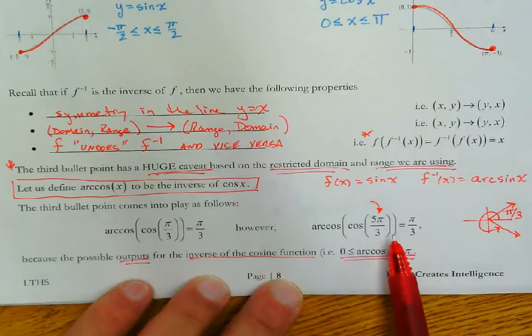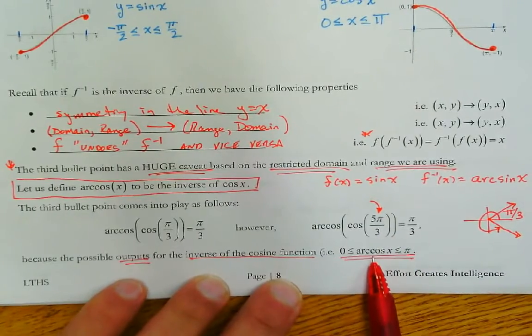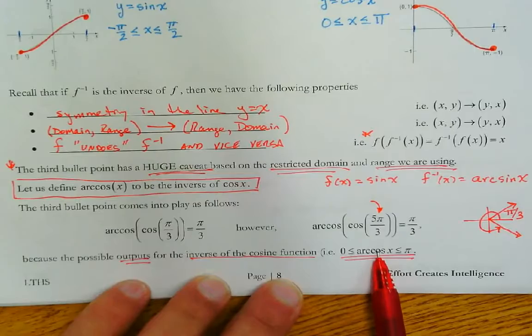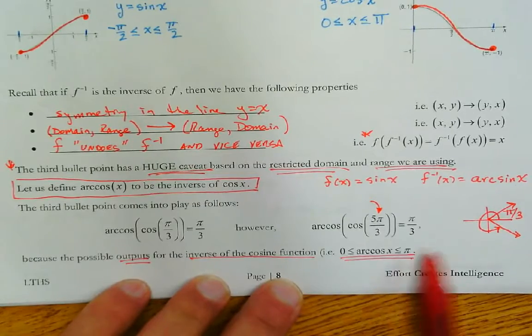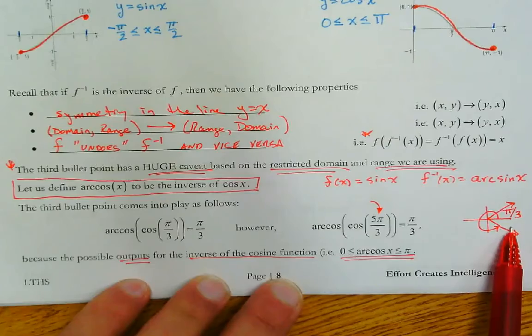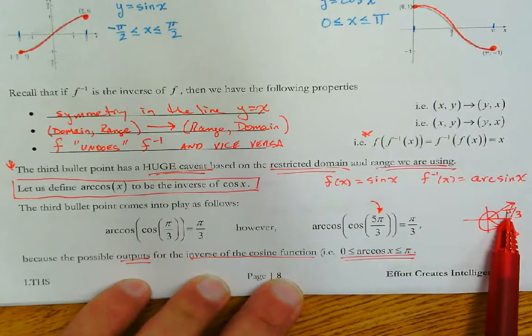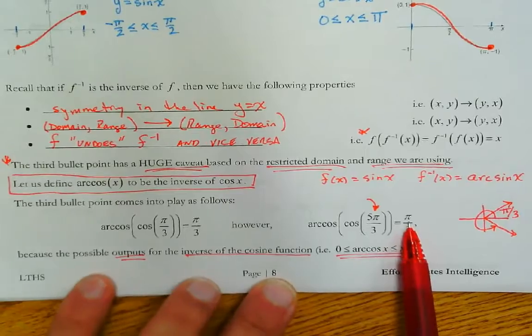However, 5 pi over 3 is not between 0 and pi. The output of this function has to be between 0 and pi, so I cannot output 5 pi over 3, and I cannot output negative pi over 3. The output has to be the correct output, in which case is pi over 3.